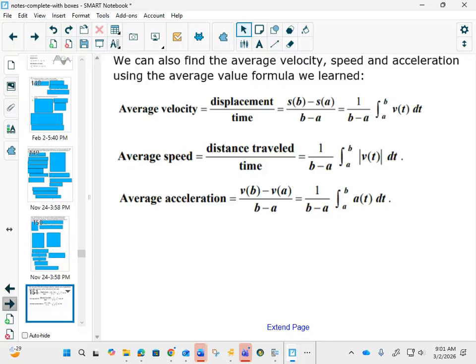So for our average velocity, the first formula is what we've always done. How far did you go? How long did it take you? That's going to be your average velocity. That's a really easy way to do it. Okay? But we can also now take our velocity equation, do the definite integral from a to b, and divide by 1 over b minus a, and get that as well. Okay?